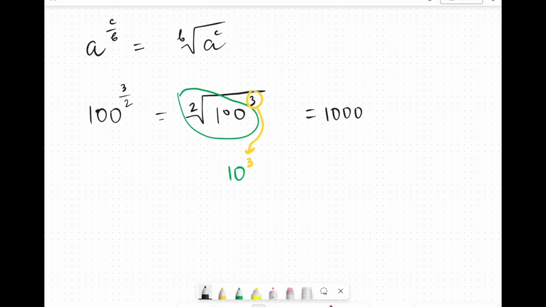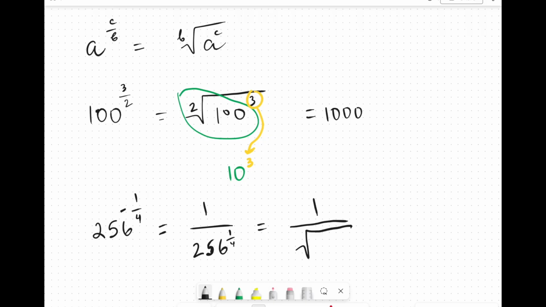And here is the final example. So 256 to the power of negative 1/4. To make that 1/4 positive, all you have to do is flip the base. So all you have is 1 over 256 to the power of 1/4. Keeping the 1 on the top, I will write my rational exponent as a root.